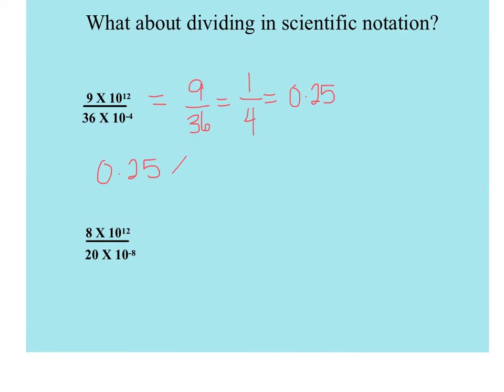And then that is multiplied by a power of 10, and that power of 10 comes from 10 to the 12th divided by 10 to the -4th, which is 10 to the 12 minus -4.